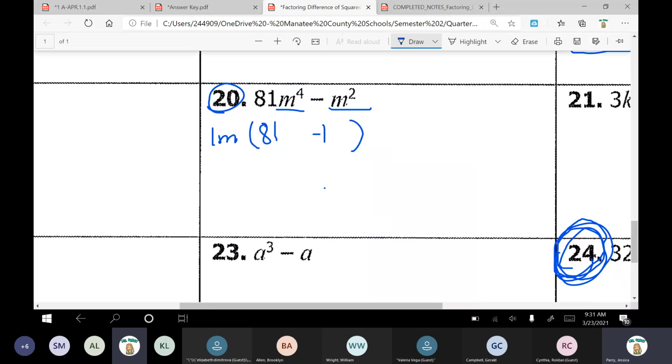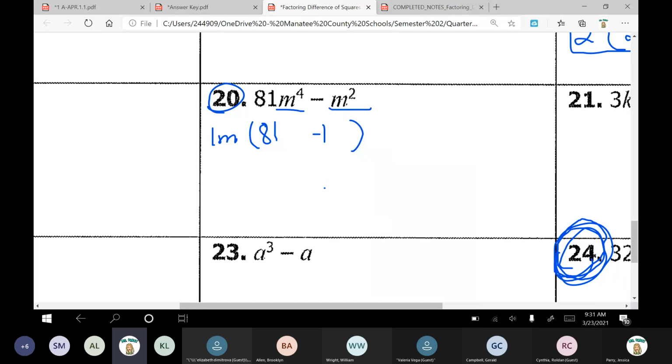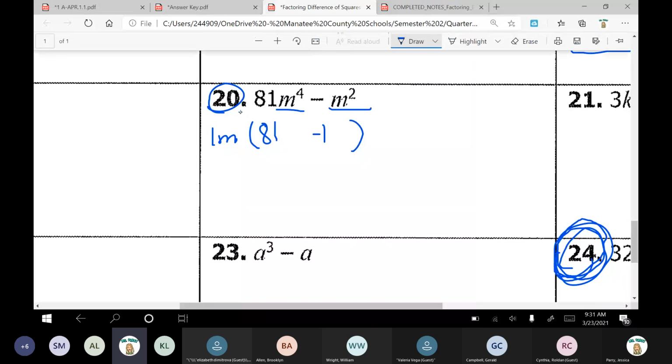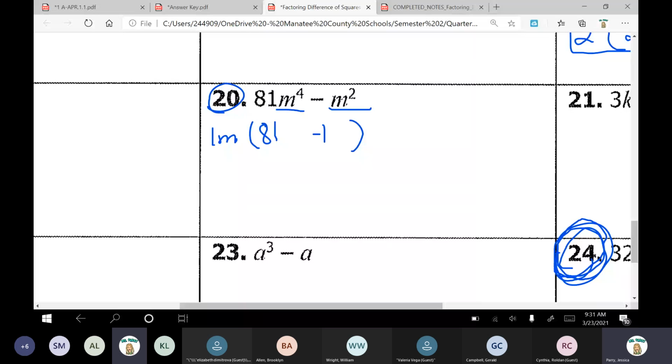What is the exponent of m that I can take out? I see 2. Perfect. You're going to take out the smallest exponent. And for this one here, our options are either 4 or 2. The smaller number is 2. So I'm going to take out m to the power of 2. And then let's go ahead and divide. M to the power of 4 divided by m to the power of 2. Just subtract your exponents. 4 minus 2 is 2. Okay, so there's my first one.